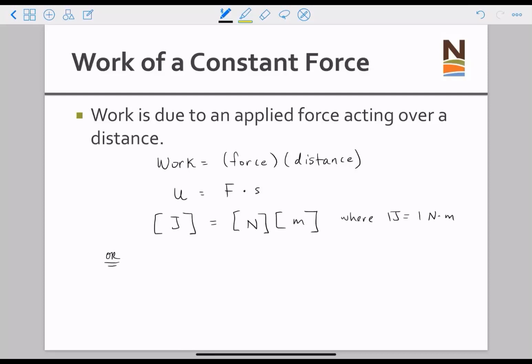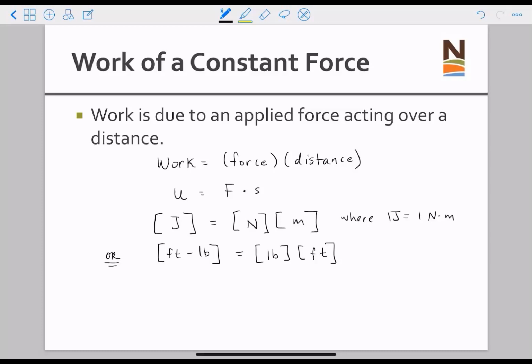Similarly, if we're looking at using US customary units, a joule in US customary units is typically referred to as foot-pounds, and that would make sense since we think of weight, for example, a force is in terms of pounds, and our distance in terms of feet.